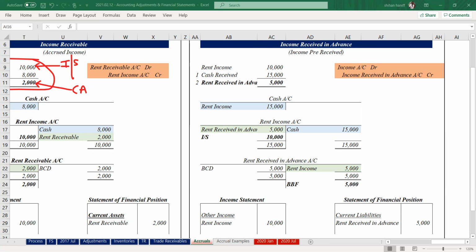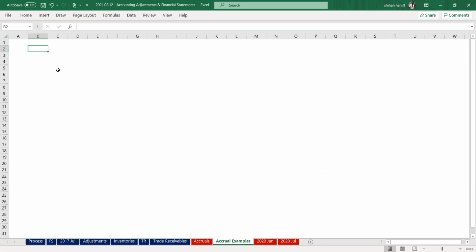Okay, so example. Now let's say there is a trial balance.